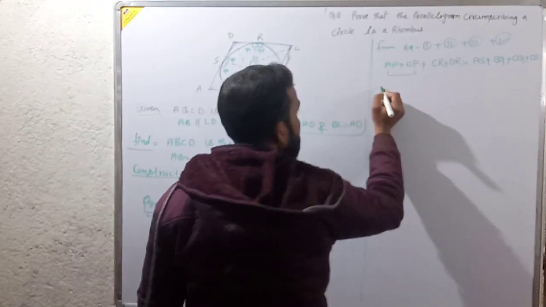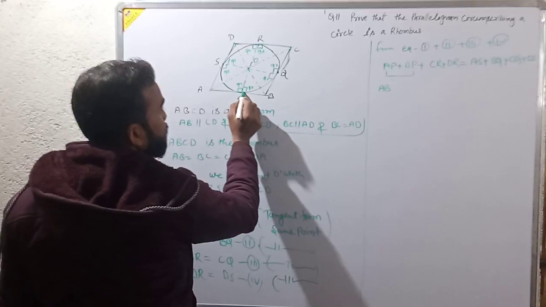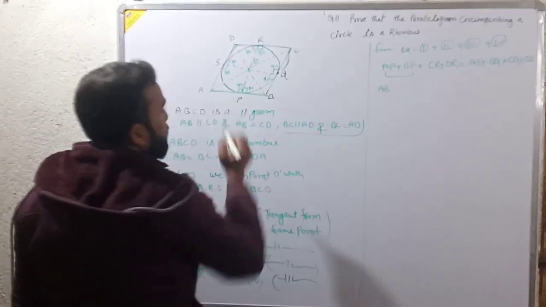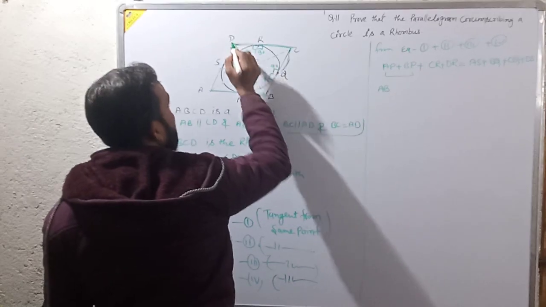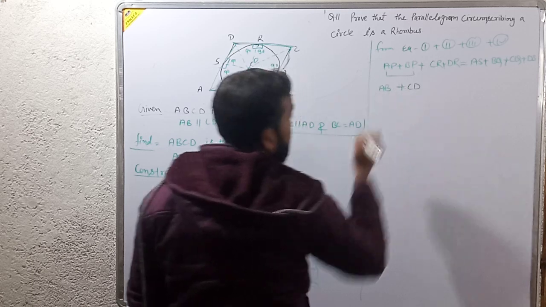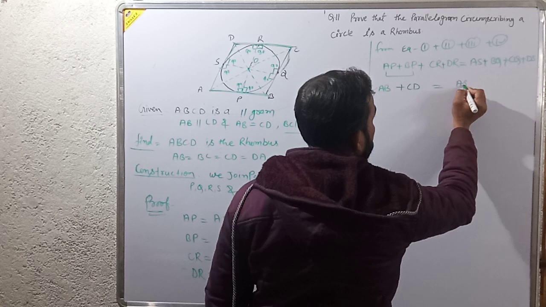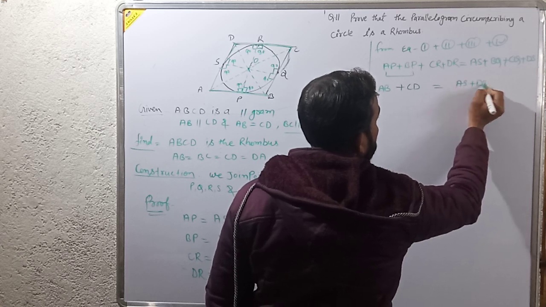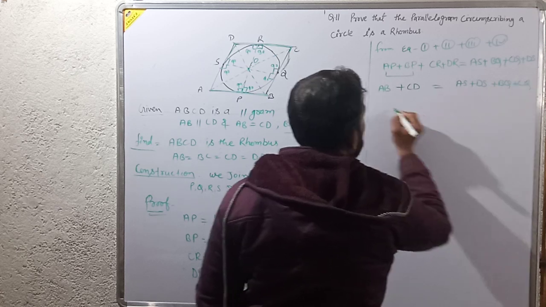AP plus BP is equal to AB, and CR plus DR is equal to CD. So AB plus CD is equal to AS plus DS plus BQ plus CQ.